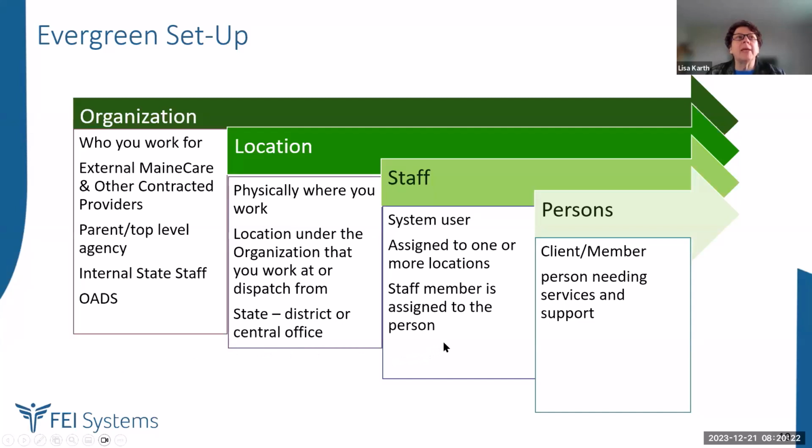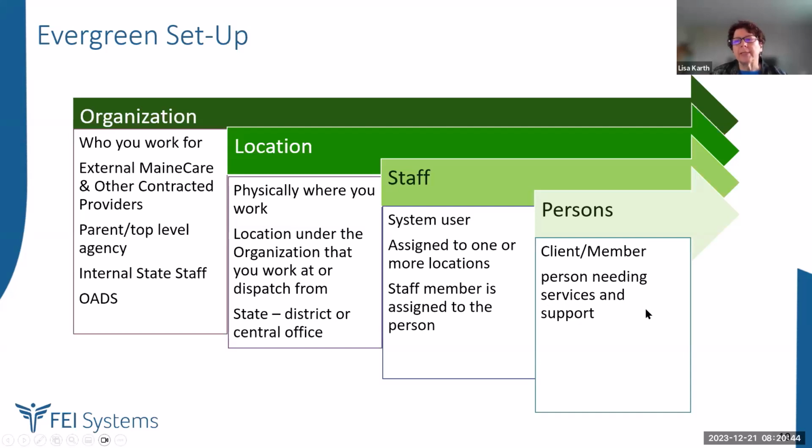We then move into the system user, and that's you. And you are assigned to one or more locations. And then in addition to that, you're assigned to persons, and that gives you access to all of their information. And lastly, we have the person.